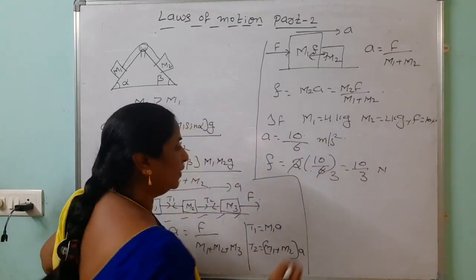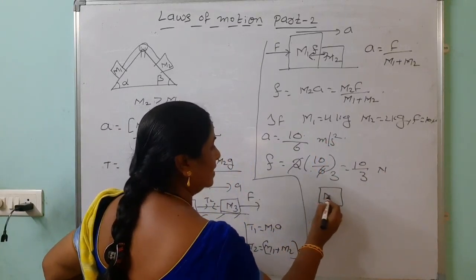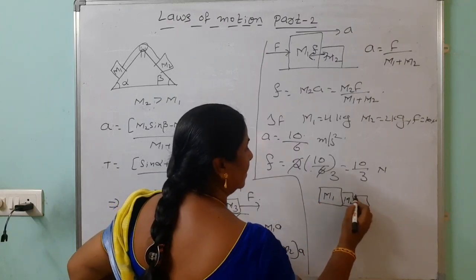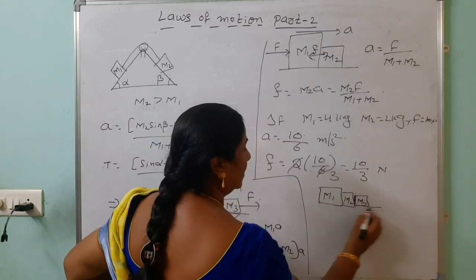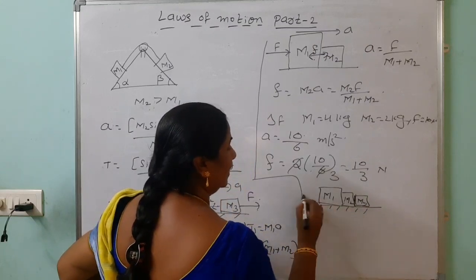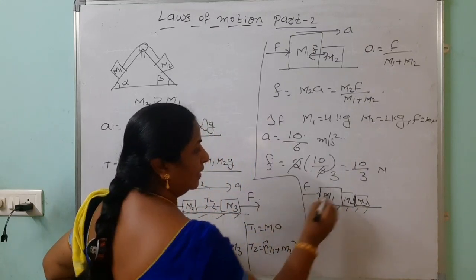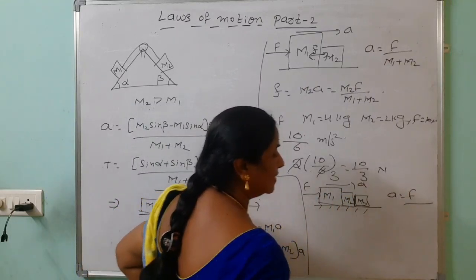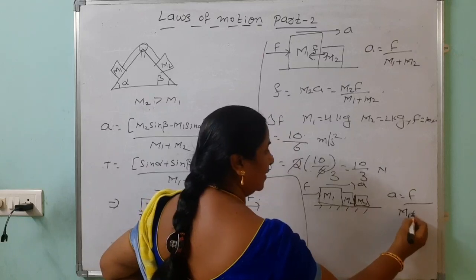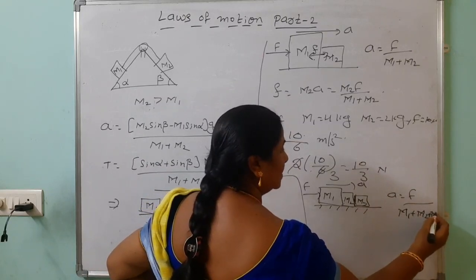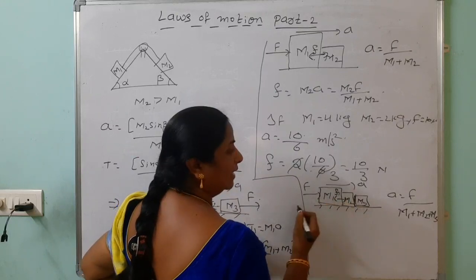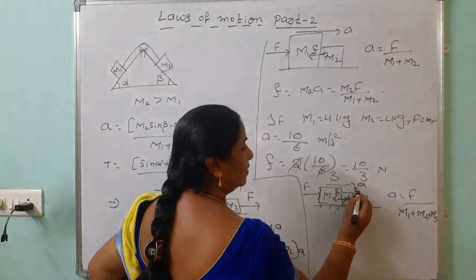But instead of 2 we can take it like this: this is M1, this is M2, this is M3. We are placing them on the surface. We can apply the force on this. Here acceleration A equals, instead of 2 masses, we take 3: M1 plus M2 plus M3. Between these two the contact force we can take as F1, and between these two F2.